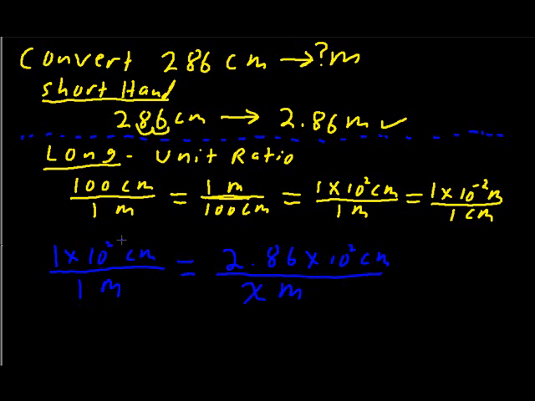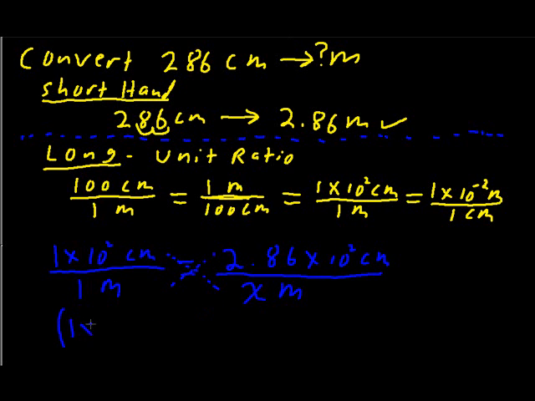If 1 times 10 to the second centimeters is 1 meter, then if I have 2.86 times 10 to the second, how many meters is that? So what you now do, you set this up as a ratio. I understand the math behind it is simpler than this, but you will be seeing this in other forms in chemistry. So let's take a look at that.